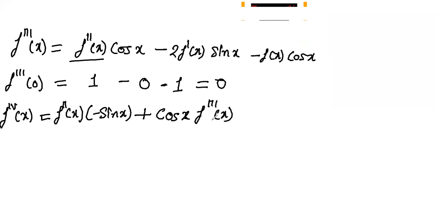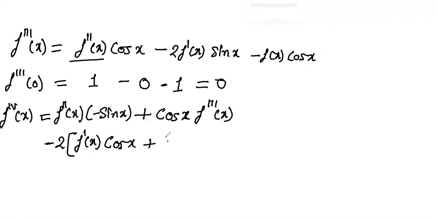Then minus 2 is common. Then f dash x is the first function, the differentiation of sin x is cos x, plus sin x, the differentiation of f dash x is f double dash x.